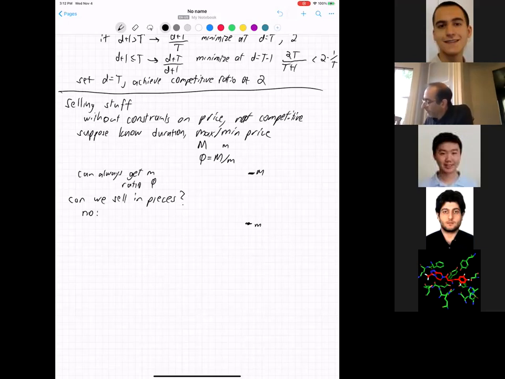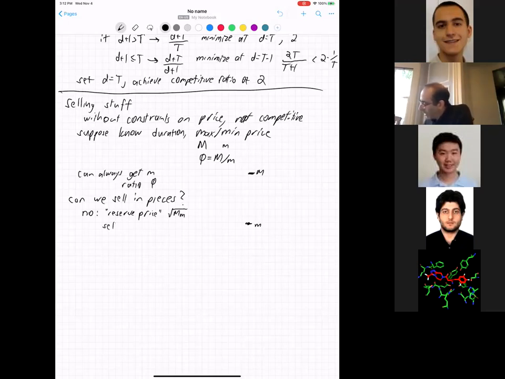Can we get the square root of phi? How? I guess if the price rises above the geometric mean of the. Great. So what we're going to do is we're going to set a reserve price at the square root of m times M, right?